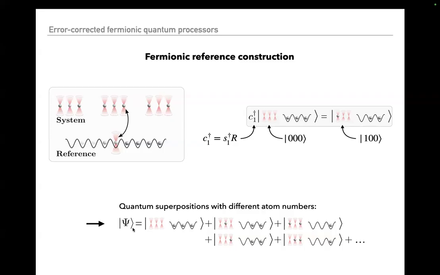You can create quantum superpositions in this case. You can see the atom number is the same in each of these basis states over here. But the order here gives you information on the occupation states within the tweezers.